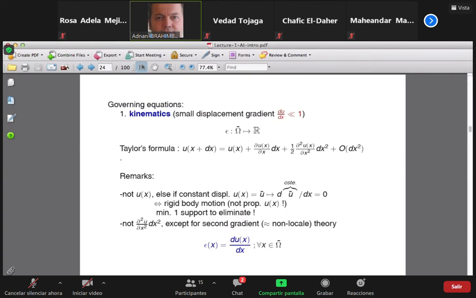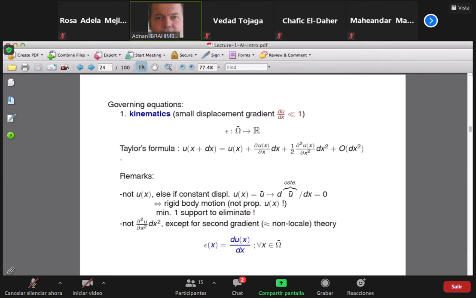That means the value of du/dx for every value of x between 0 and L has to be much, much smaller than 1. Typically, you're talking about, let's say, a steel structure. Steel has a yield stress, when the yield starts, equal to 400 megapascal, if it's good quality steel. And the Young's modulus is 200,000 megapascal for a typical steel.